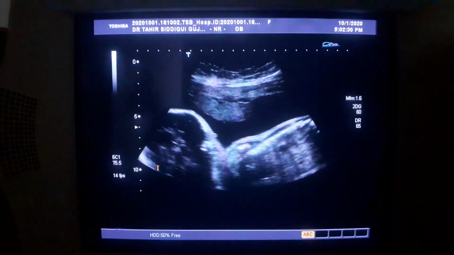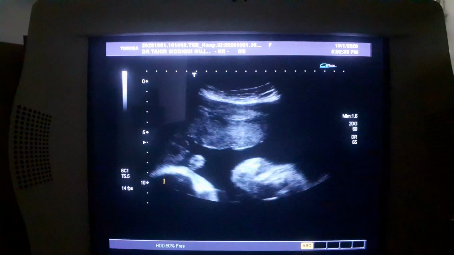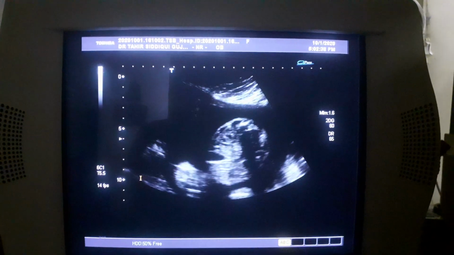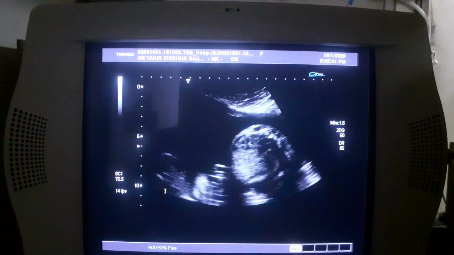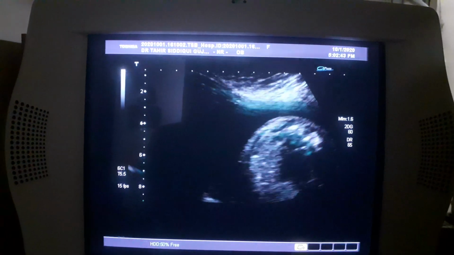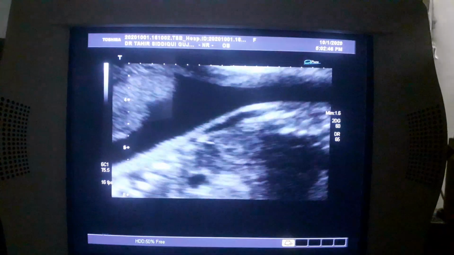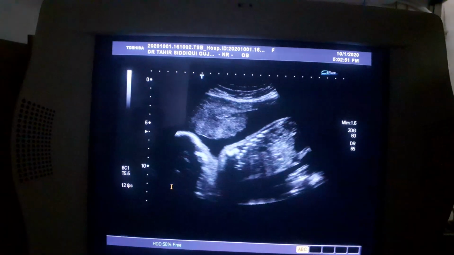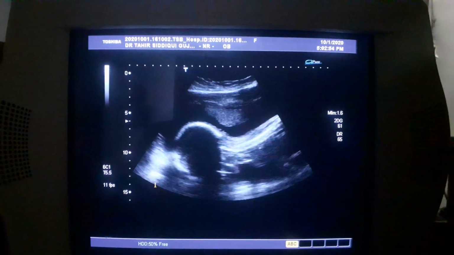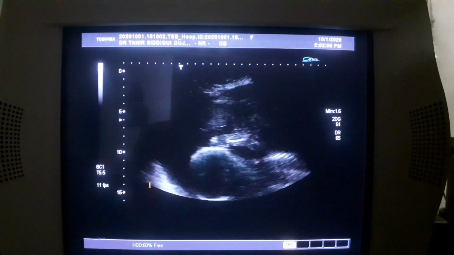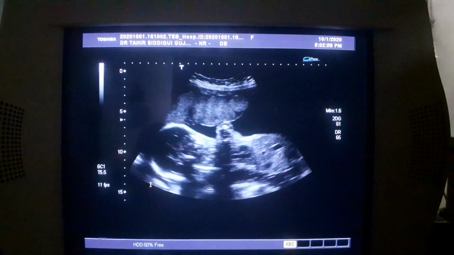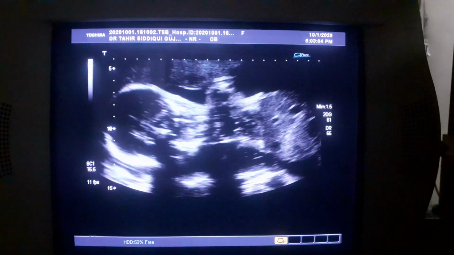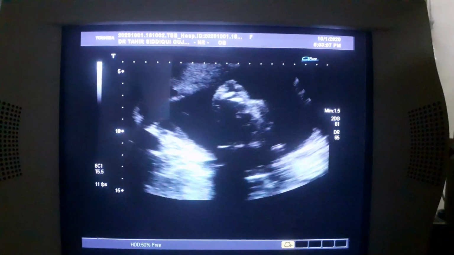The chest is not small. Now let's see the heart. Here. The heart shows normal cardiac activity.